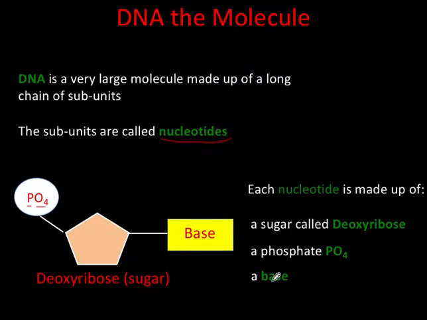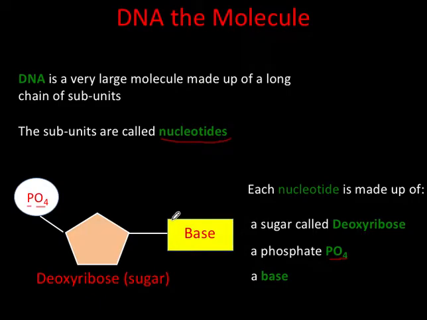And on the right hand side here, I've got your notes that you can go back and take. Sugar called deoxyribose, a phosphate which is represented by PO4, 1 phosphorus, 4 oxygen atoms bonded together, and a base.